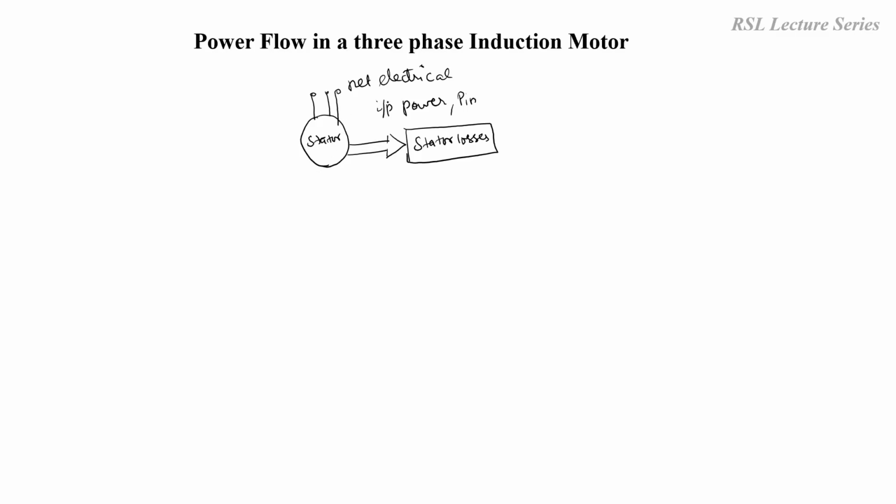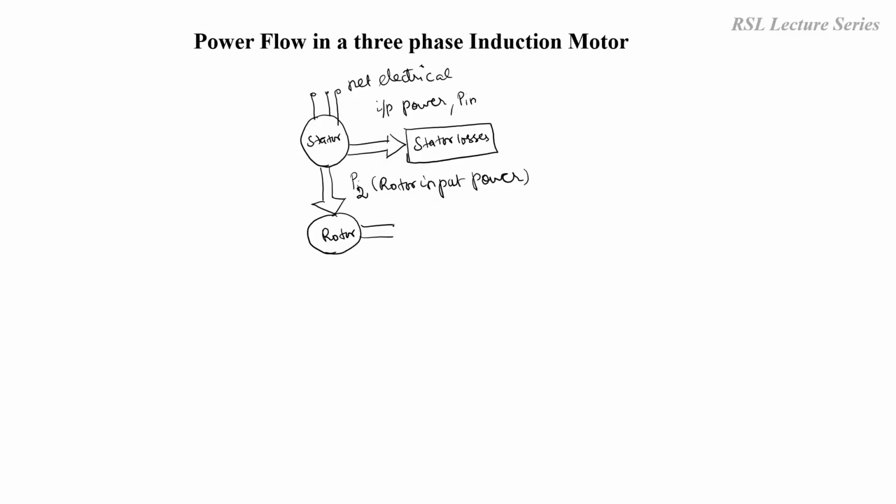The stator input power Pin minus the stator losses is given to the rotor. This is P2, which is nothing but the rotor input power, or stator output power. This is given to the rotor.